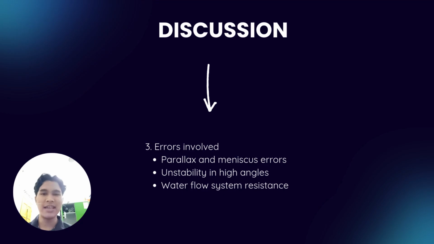In higher angles, the turbulence increases much more, and this results in the reading becoming less consistent over time. And finally, there is also water flow system resistance that needs to be considered. Why is that? Because the pipes that are used in this experiment also include elbow joints and pipe friction.